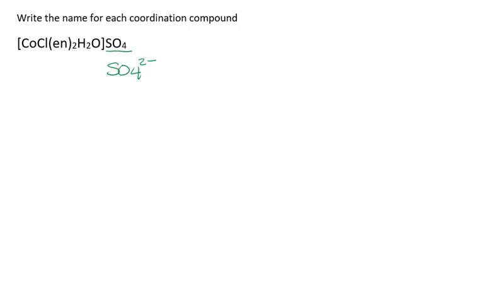That enables us to know that the charge on the complex has to be a +2 because the cation and the anion in this example combined 1 to 1. There's one cation because there's no subscript on the outside of the brackets, and there's one anion for similar reasons.